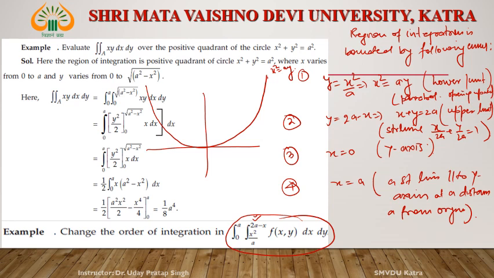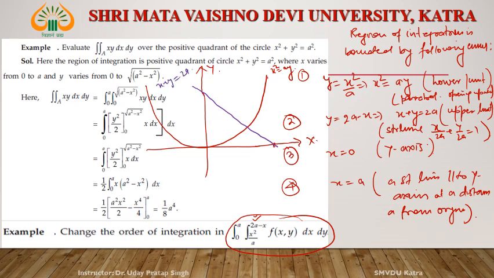And x by 2a plus y by 2a equal to 1. This is the y axis, this is the x axis. What is this straight line? x plus y equal to 2a.